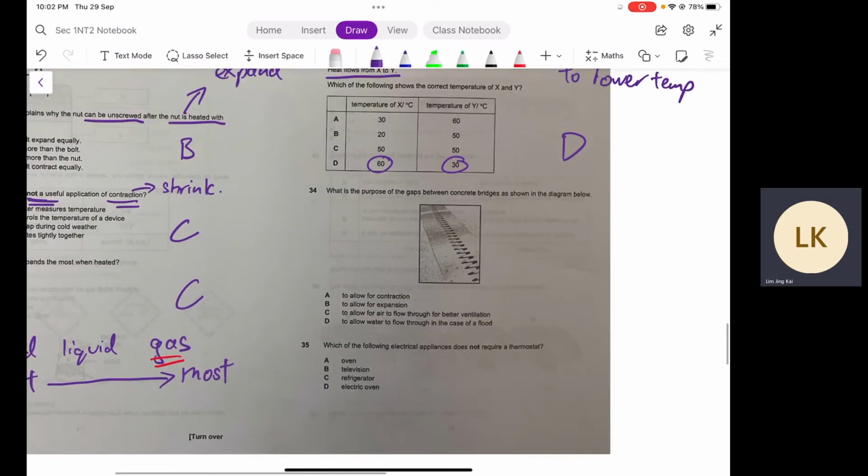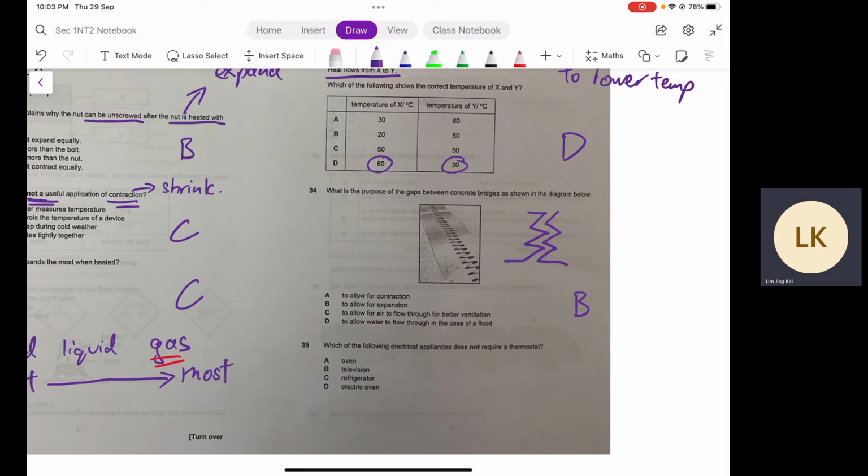Question 34. What is the purpose of the gaps between the concrete bridges as shown? We have talked about this before in class. These gaps are to allow for expansion to take place. When it's not so warm, the gap between them is quite large.